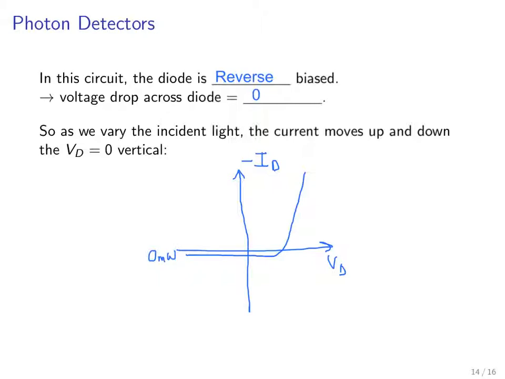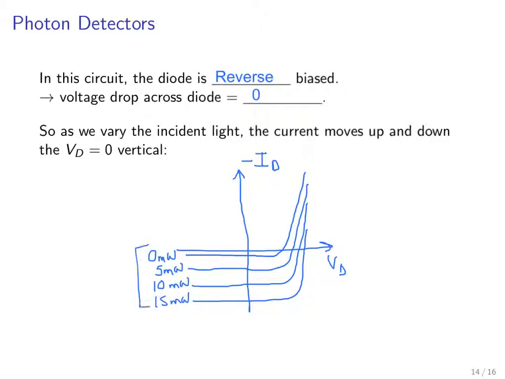As we increase the power, let's say arbitrarily in steps of 5 milliwatts, we have 5 milliwatts, then 10 milliwatts, we get the same step size in current across the diode, and then maybe 15. These are the incident light, the P sub light. What we're doing in that circuit is fixing V sub d to 0, so we're moving up and down this vertical with increasing or decreasing light.